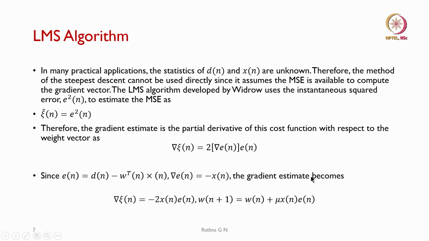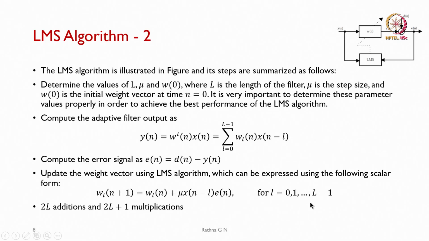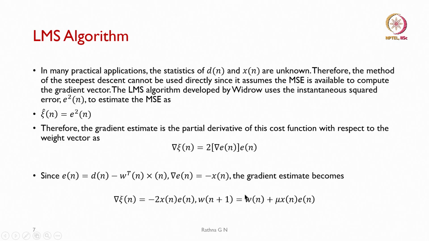So, the gradient estimate becomes minus 2 into x of n into e of n, and the weight vector w of n plus 1 is going to be w of n plus mu x of n into e of n. You have substituted the gradient with respect to this, and I think you can derive it. So, the constant mu is what we put into our update vector here.